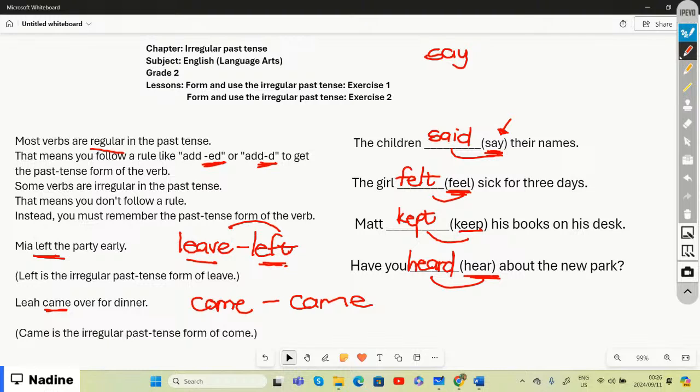That is now. But in the past, we can say the children said their names. Which means that the past tense form of the word say is said.